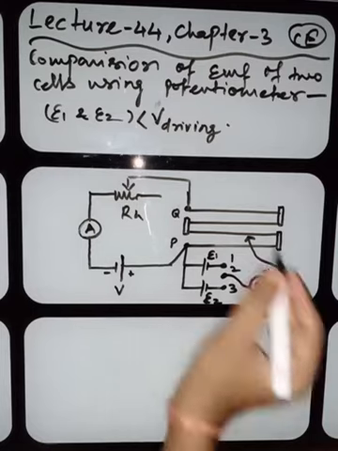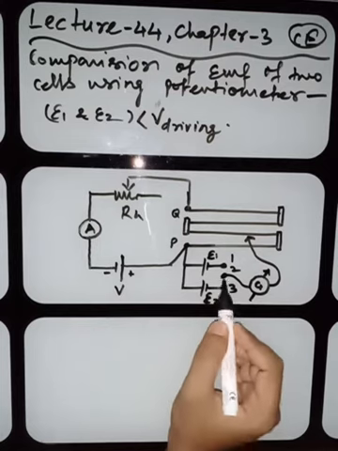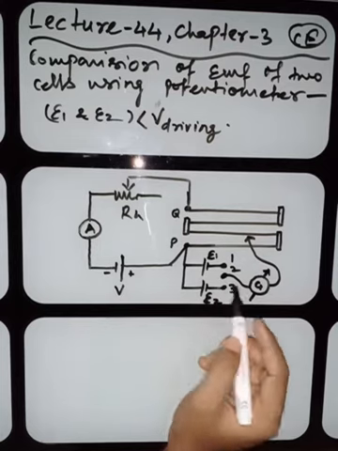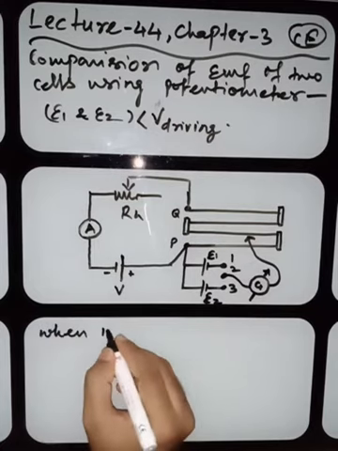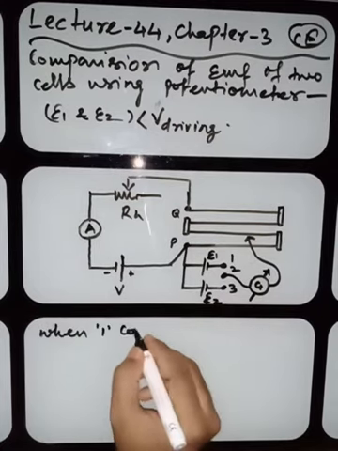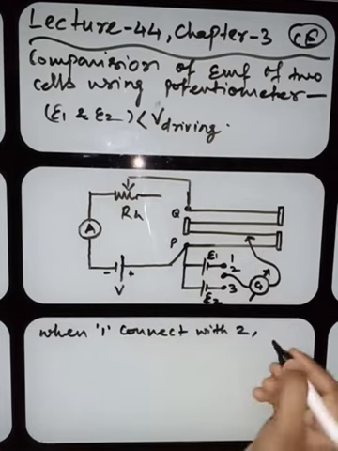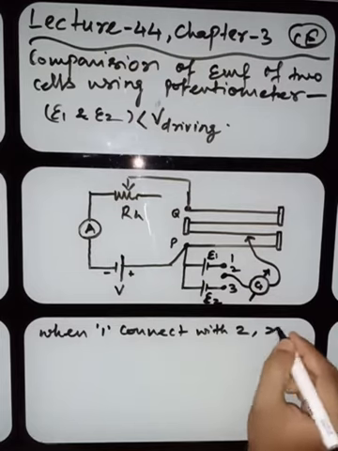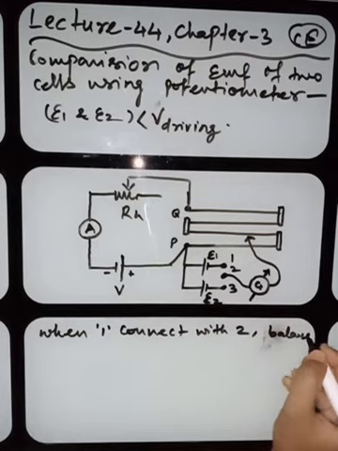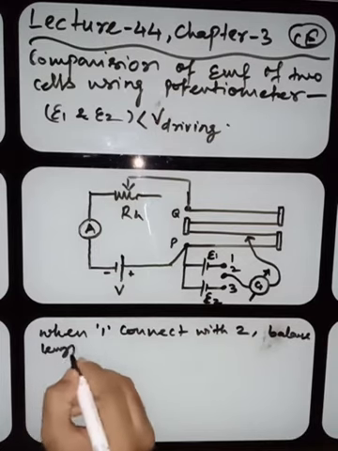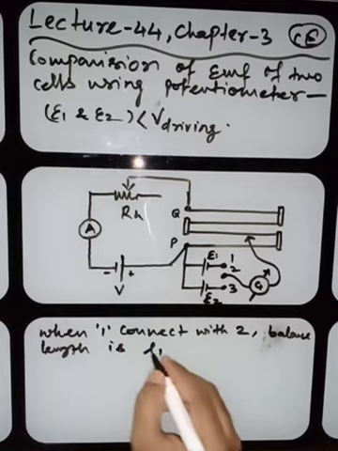Now this is the entire circuit. Current starts moving from here. Now when we tap 1 with 2, when 1 connects with 2, suppose the balance length is x1, or L1.